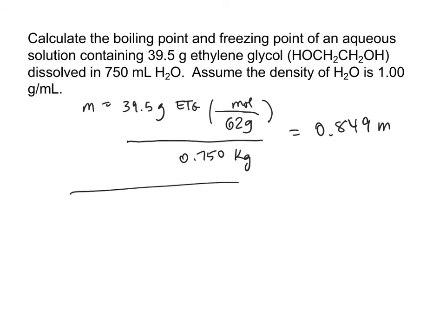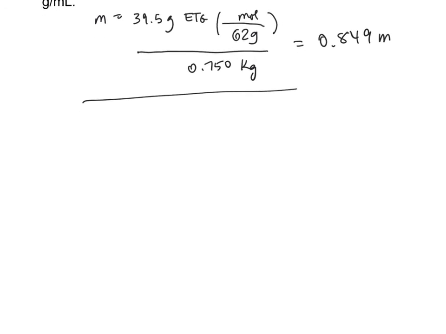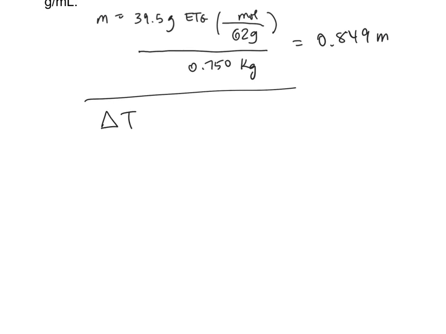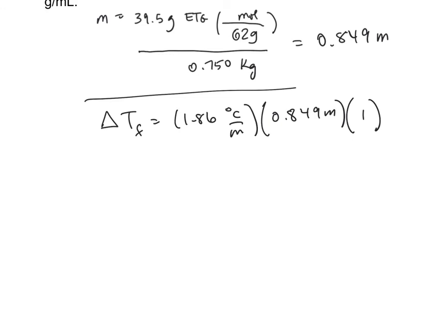All right, put that together with the equation for delta T freezing point depression: 1.86 degrees C per molal times 0.849 molal, and then i in this case is going to be equal to 1, and I think that's all we need.